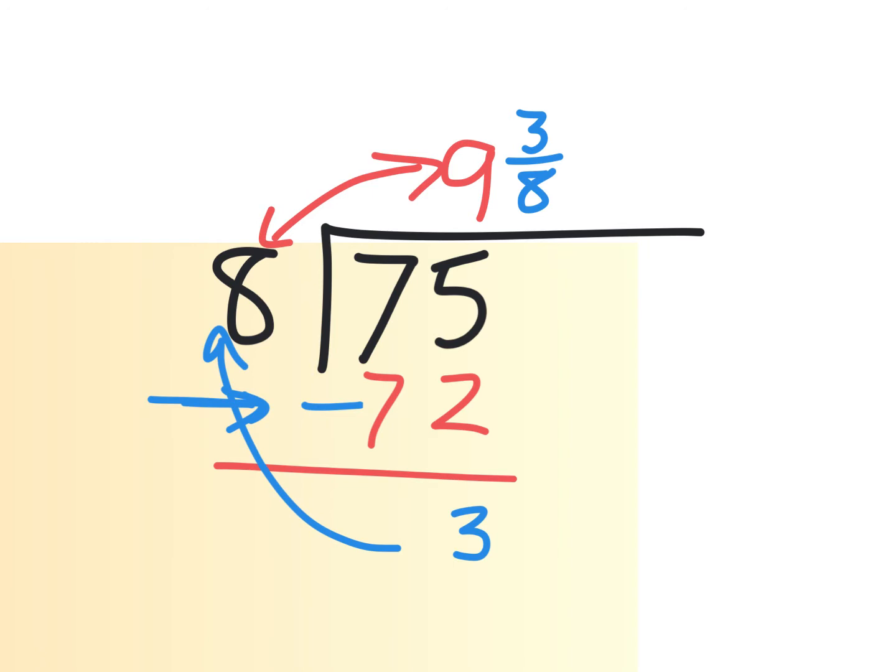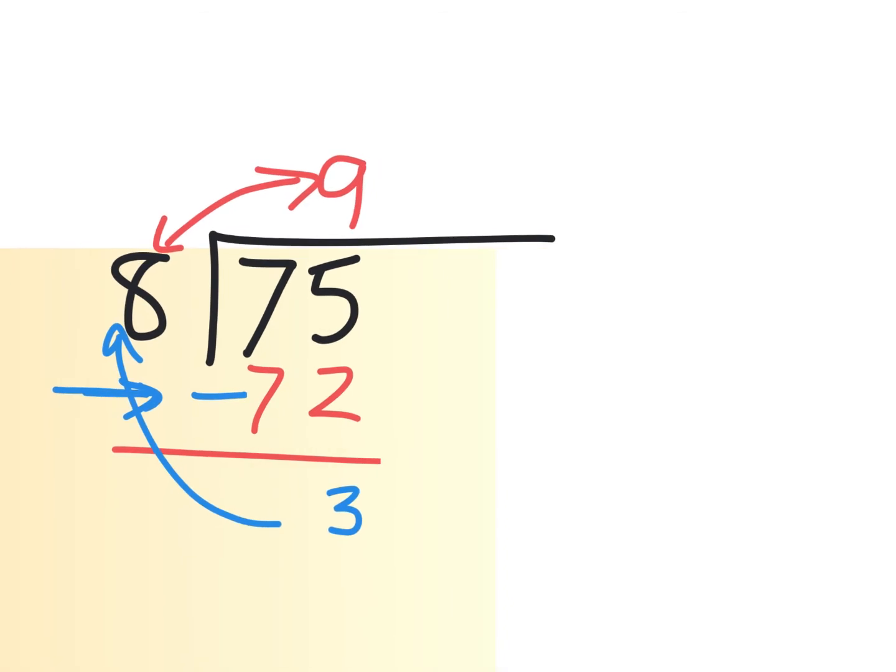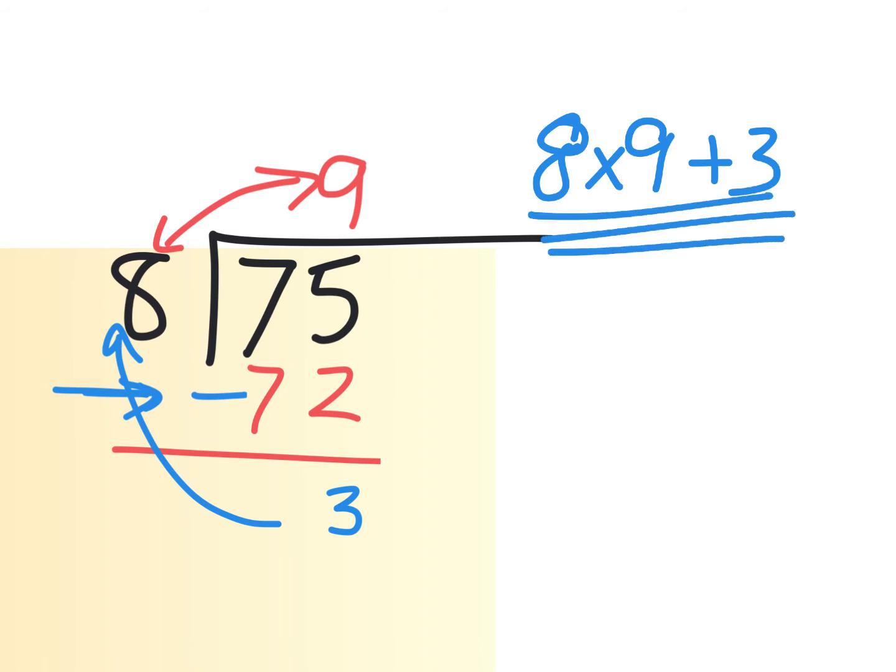Or, this is important, you could say, and this is what we do with polynomials, that the answer is 8 times 9, which is 72, right? Plus 3. Do you agree that makes the 75 that we wanted? See what I'm doing? I'm adding the remainder. It's plus that. So it's this times this plus that.